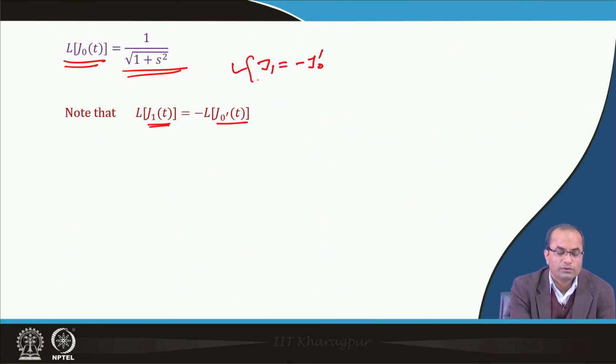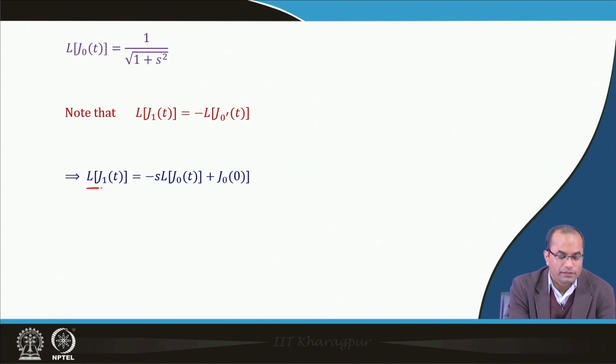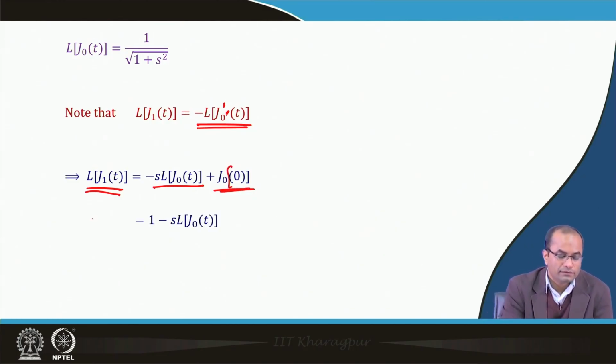So we take the Laplace transform on both sides. We get the Laplace transform of J1(t) equal to, using the derivative theorem, minus of the derivative, that is minus s times the Laplace transform of J0(t) plus J0(0). The Laplace transform of J0(t) is going to be 1 over the square root of 1 plus s squared, and J0(0) is going to be 1. So we will put that in.